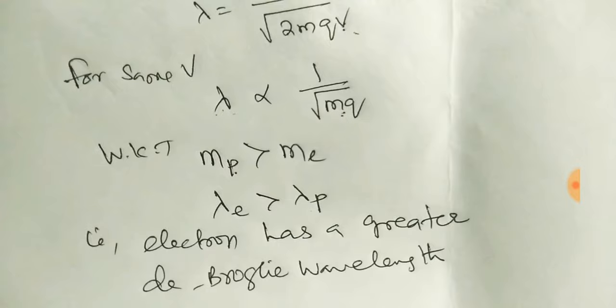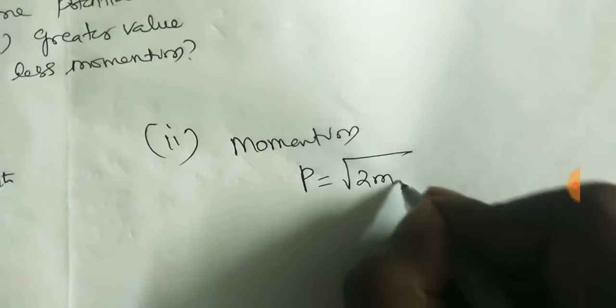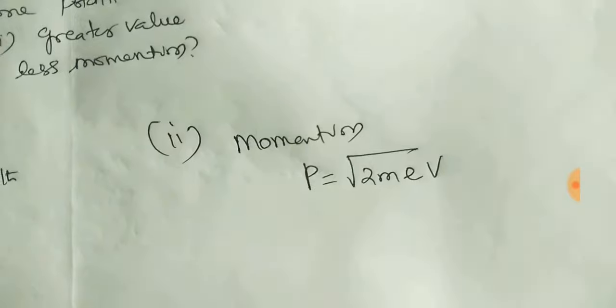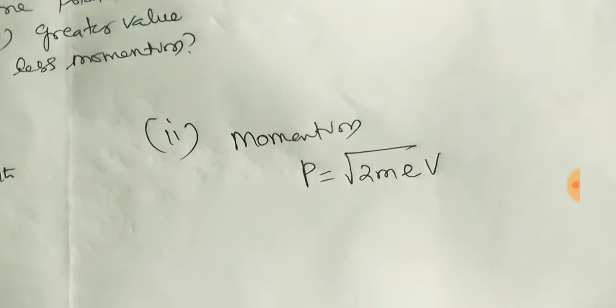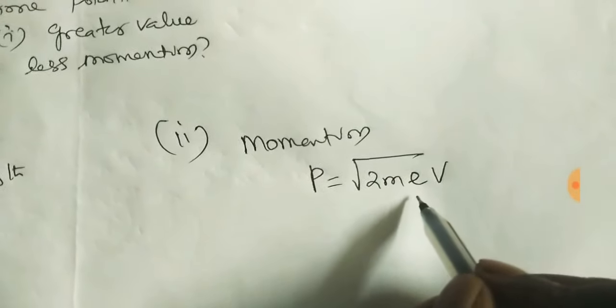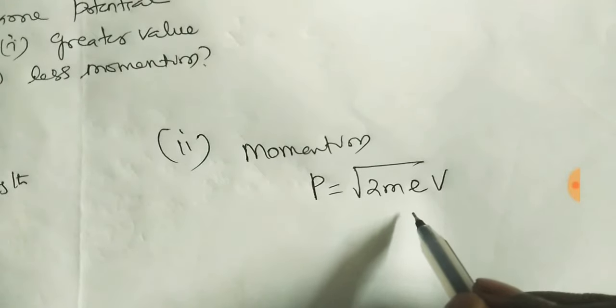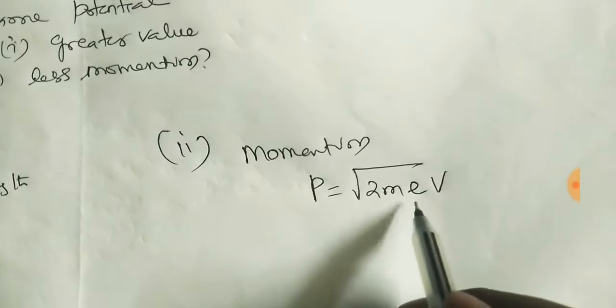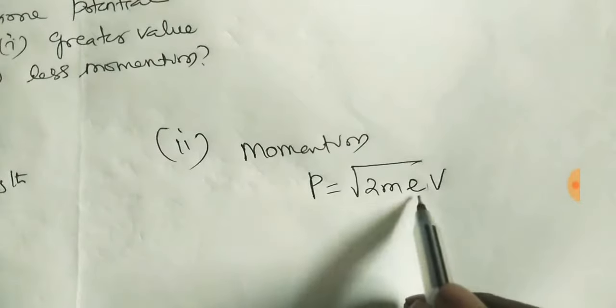Okay, next let us see the second subdivision: which one has the less momentum? We'll write the momentum equation, then discuss which one is greater. We know that p equals root of 2meV. The charges of electron and proton differ only in the plus and minus sign, so let us take e as a constant.